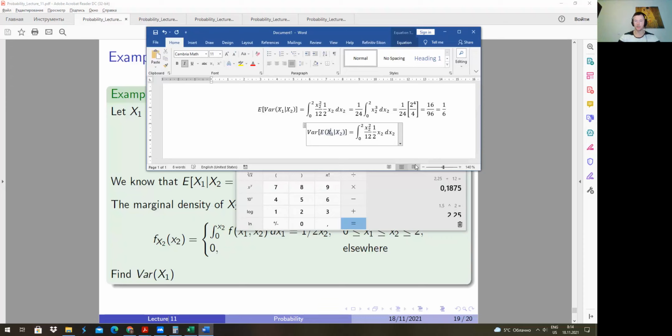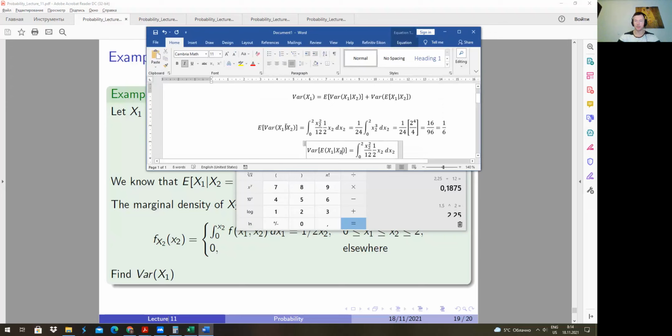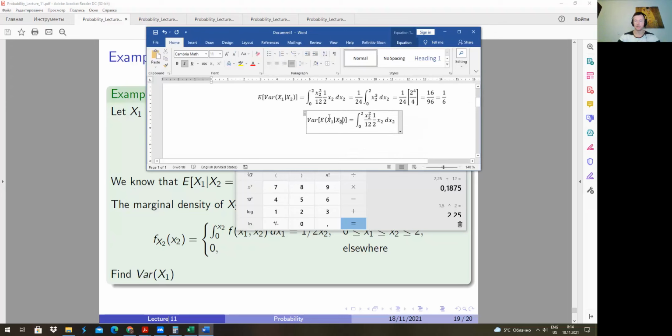We need to find the expectation of this expectation squared first, and then we need to subtract the square of the expectation of this expectation. So let me write down the expression to calculate this, and I think we will run out of time already.